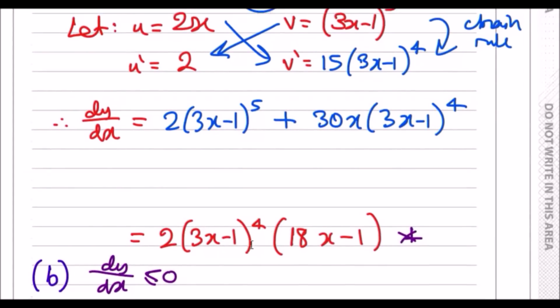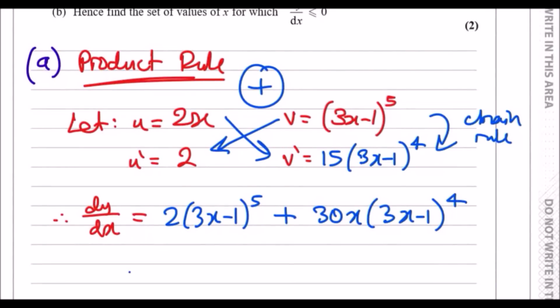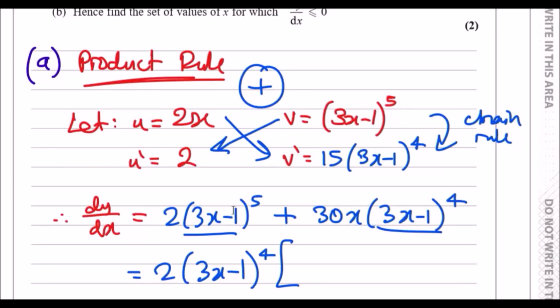This is the final answer, but to get to this one, all we have to do here is basically look at the expression and realize that they both have 3x minus 1, at least 4 powers of it, whilst this one has an extra power. So if you factorize 3x minus 1 to the power 4, and of course 2 outside because 2 goes into 30 as well, you'll realize now that on the left side, you still have an extra 3x minus 1 to account for it.